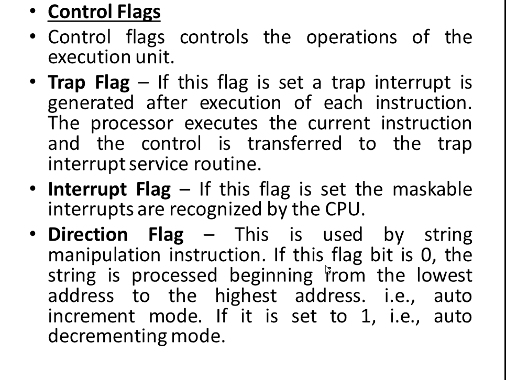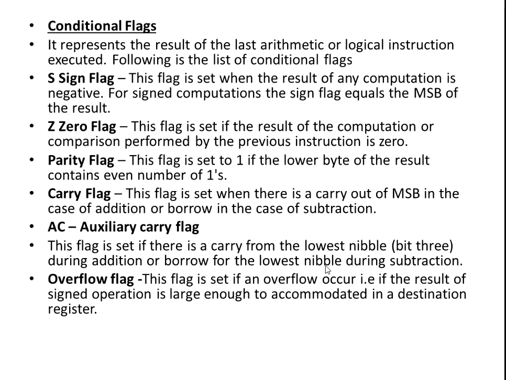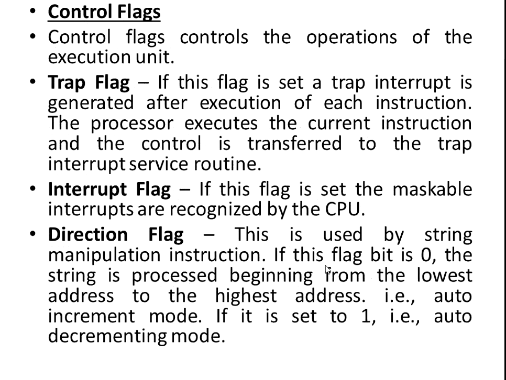Then next we can see the control flags. There are 6 conditional flags, the remaining 3 are control flags. The control flags are set or reset deliberately to control the operations of the execution unit. First we can see the trap flag. If this flag is set, a trap interrupt is generated after the execution of each instruction.